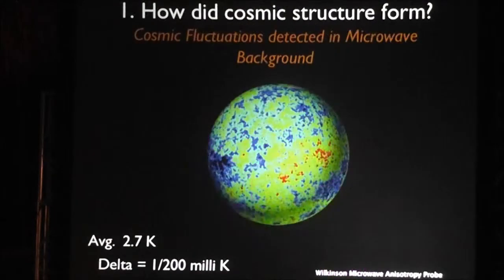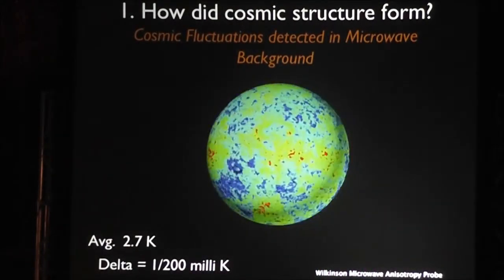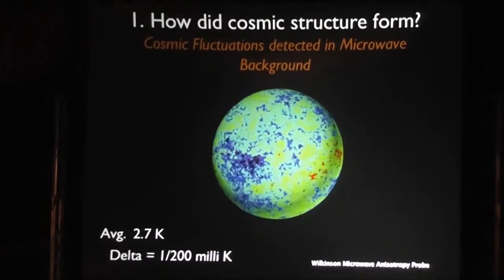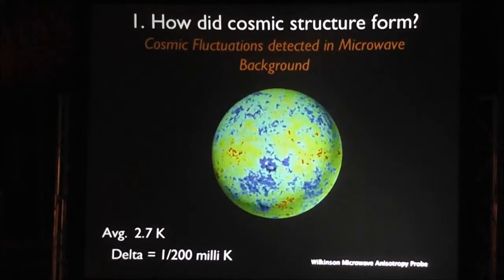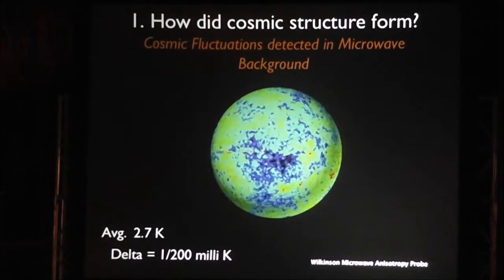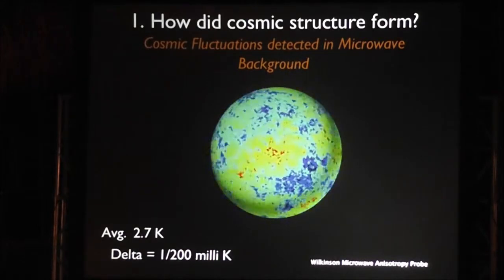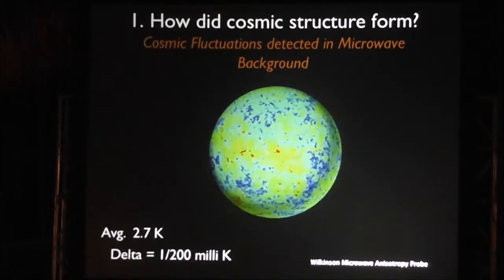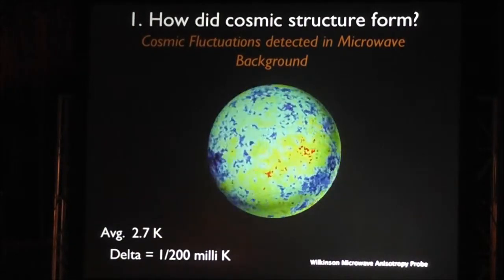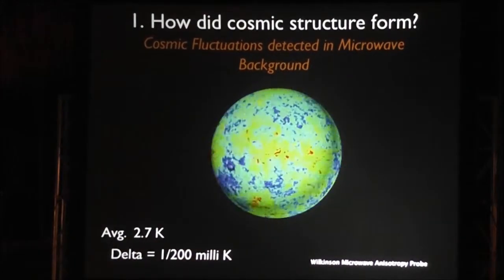So how did this happen? The initial seeds of structure formation in the universe have been mapped by the cosmic microwave background satellite WMAP and balloons before that. And these are tiny fluctuations in space-time, parts per million in the local density of matter.